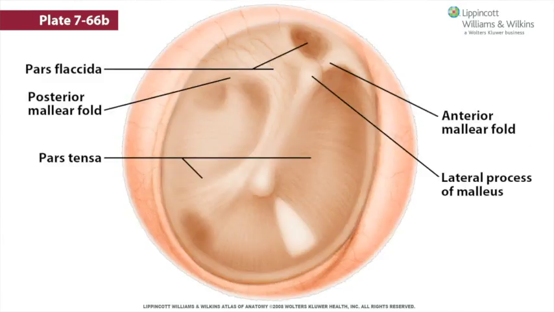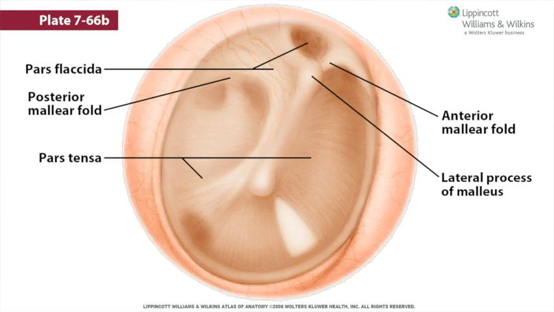The lateral process of the malleus at the base of the handle forms a bulge in the membrane, the malleolar prominence. Extending from this prominence are the anterior and posterior malleolar folds, which run along the border between the pars flaccida and pars tensa.